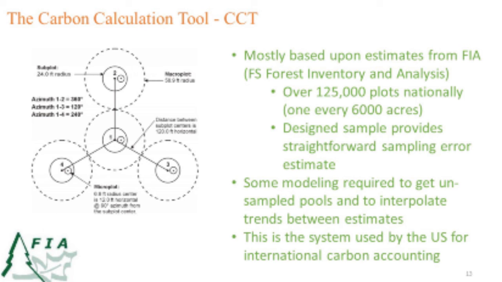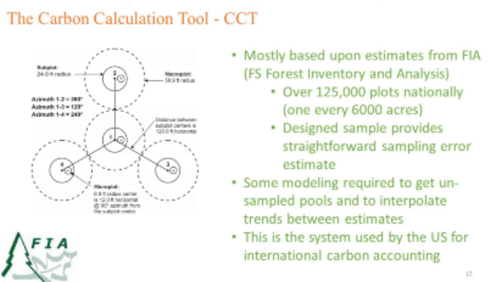So CCT stands for the Carbon Calculation Tool, and it's really what FIA uses, the Forest Inventory and Analysis program of the Forest Service. It's really what the Forest Service uses to report our country's carbon stocks to the UN, and it has been pointed at each national forest. And it's really based upon FIA data.